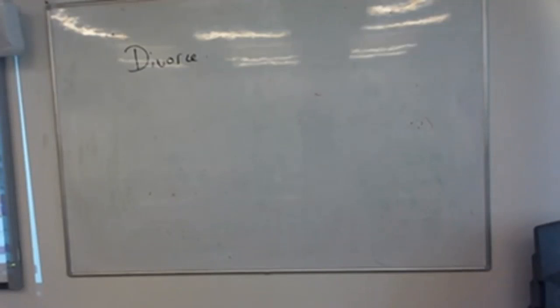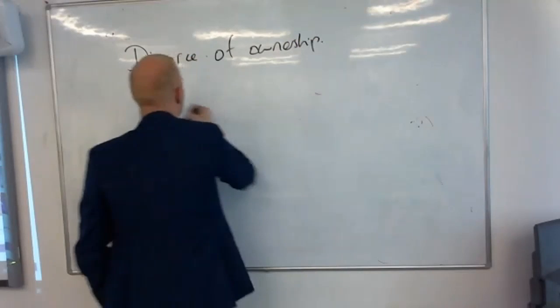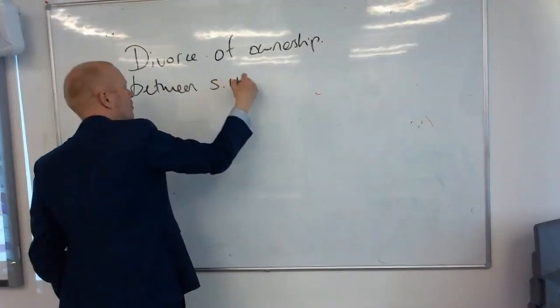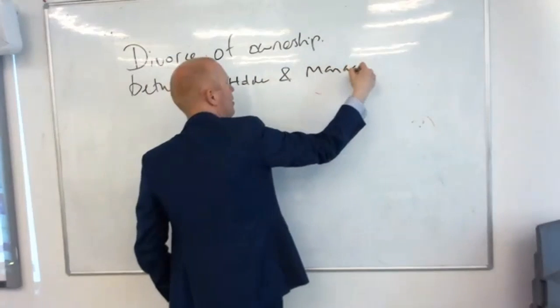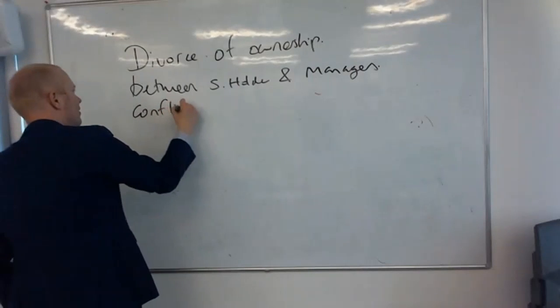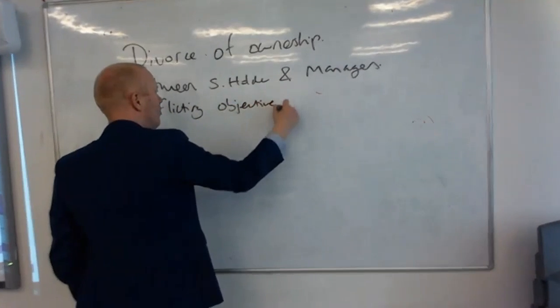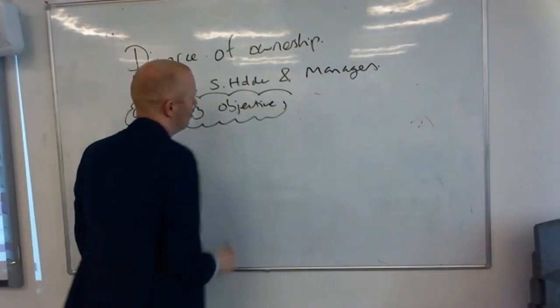Okay, so the principal agent problem is the divorce of ownership between shareholders and managers. And what that means is that they have conflicting objectives. So that conflicting objectives is the key problem here.